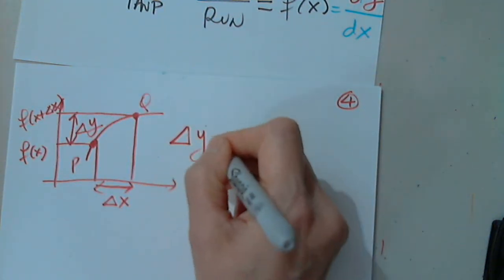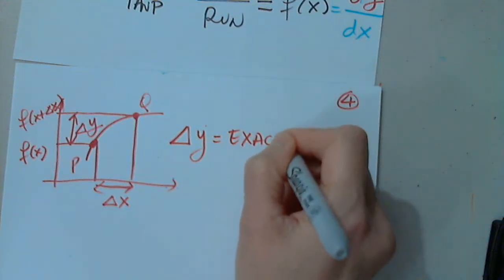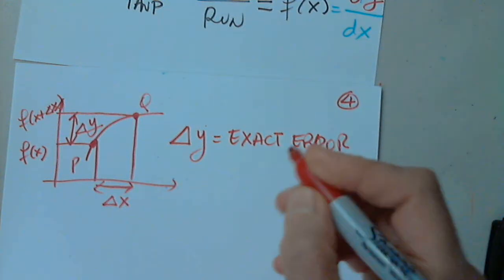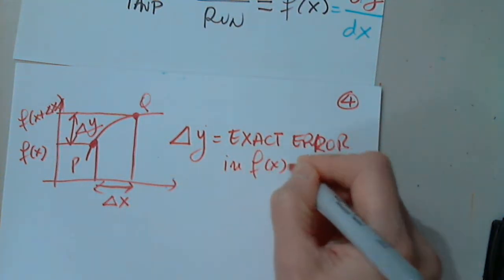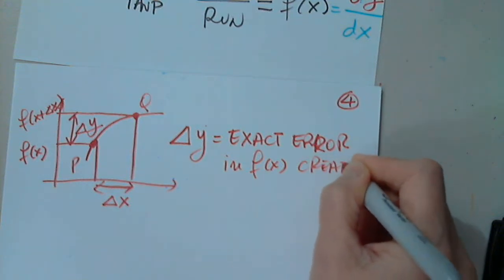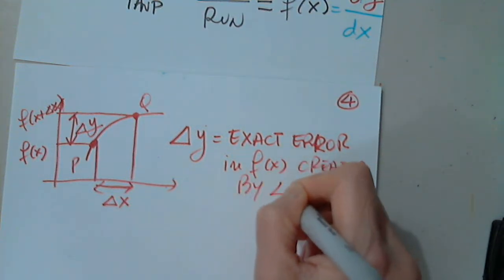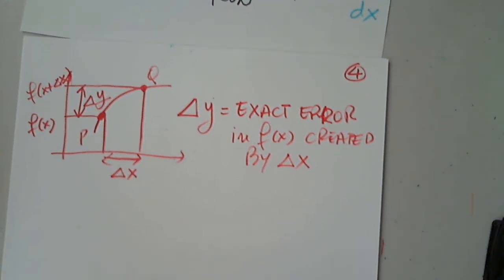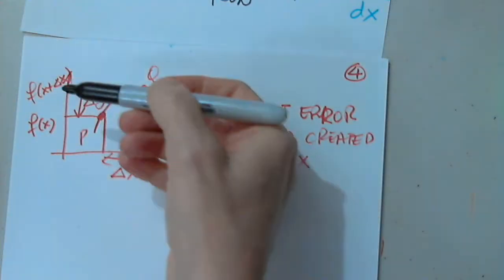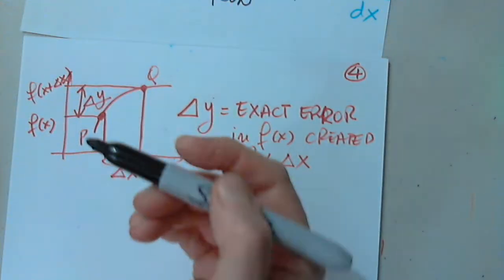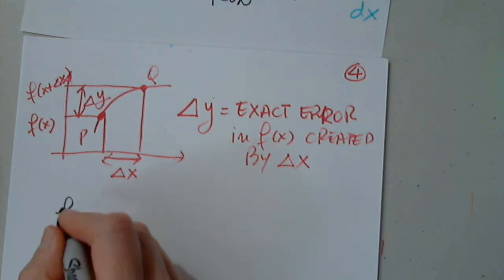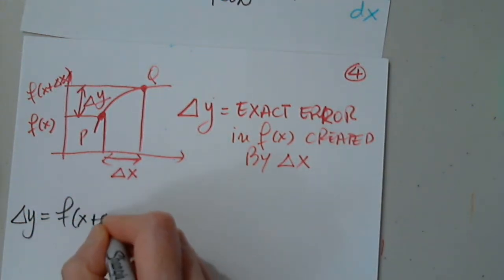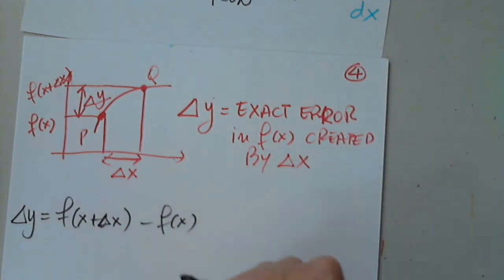So delta y is the exact error in f of x created by delta x, the error in x. What does it equal to? f of x plus delta x minus f of x. So I have to write delta y. Delta y equals f of x plus delta x minus f of x.